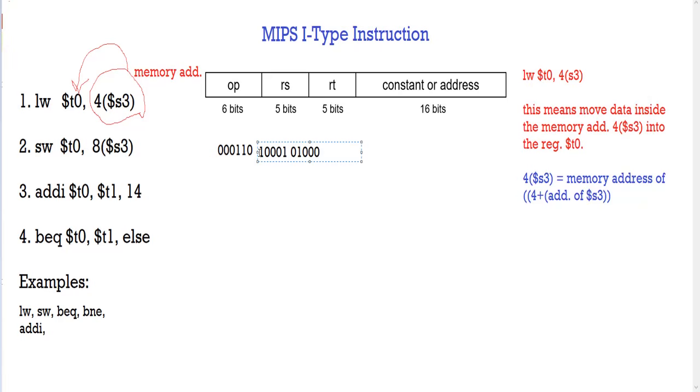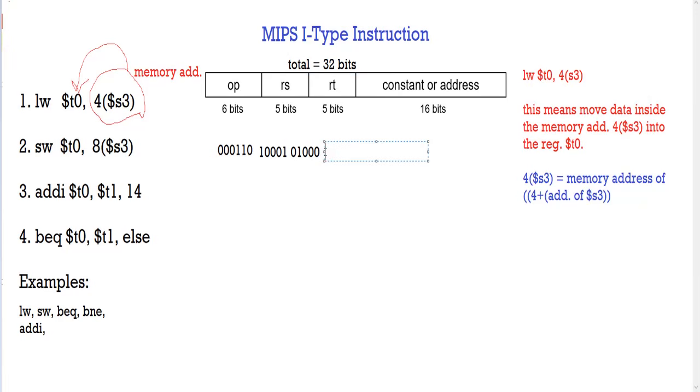And finally, for our constant. Our constant is 4, alright? If we represent 4, it's just going to be 1 0 0, 3 bits. But we have an obligation to put this as 16 bits because every single MIPS instruction has to equal 32 bits. So we're going to do this thing here, which is called sign extending.